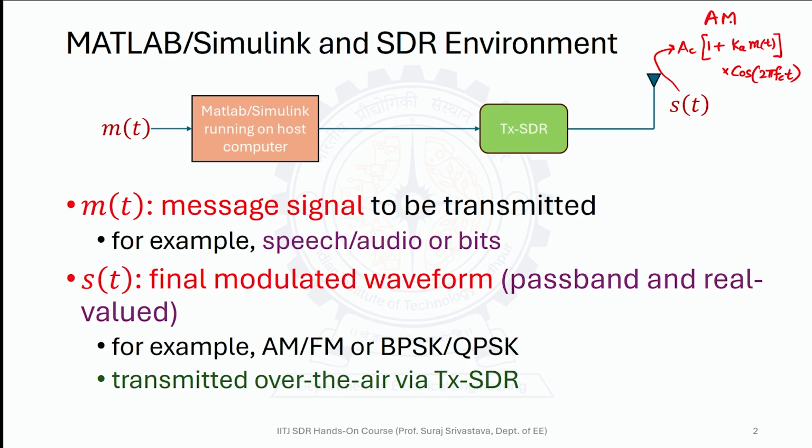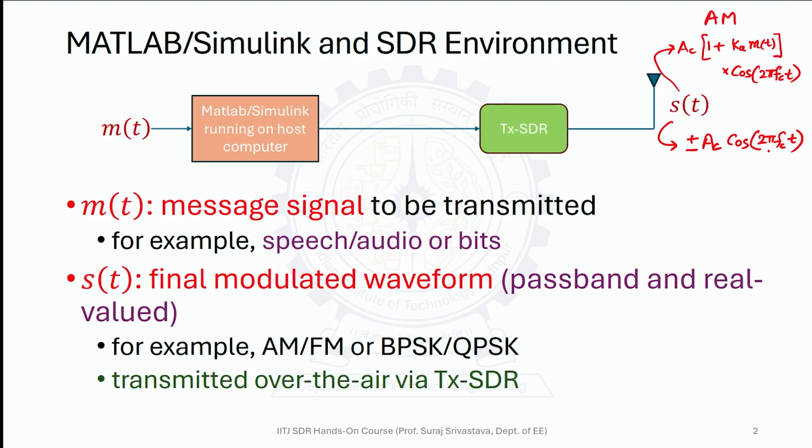And if this is a digital communication system like BPSK, then this s(t) will become plus or minus Ac cosine 2 pi fc t. So in this case, Ac represents the carrier amplitude and m(t) represents the message signal we already discussed. The other important quantity is the carrier frequency fc.